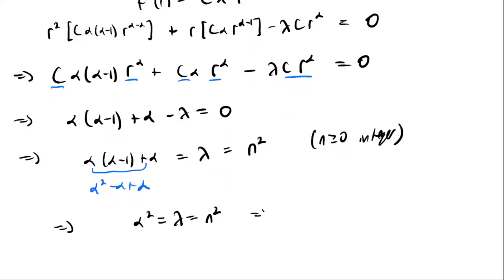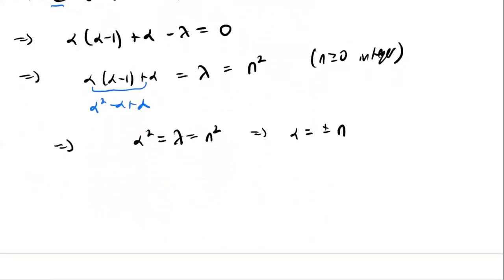And so this tells me that alpha should equal plus or minus n, right? Right, and so, well, let's say n is equal to 0.